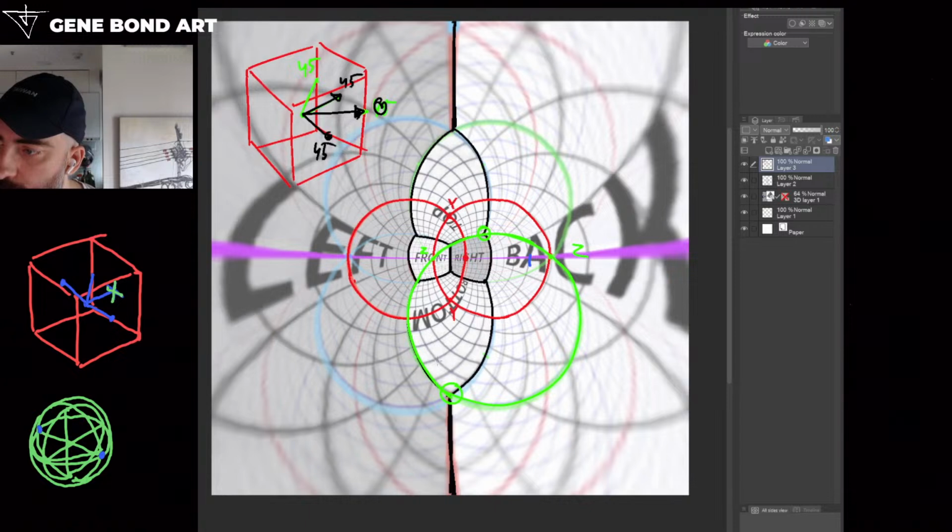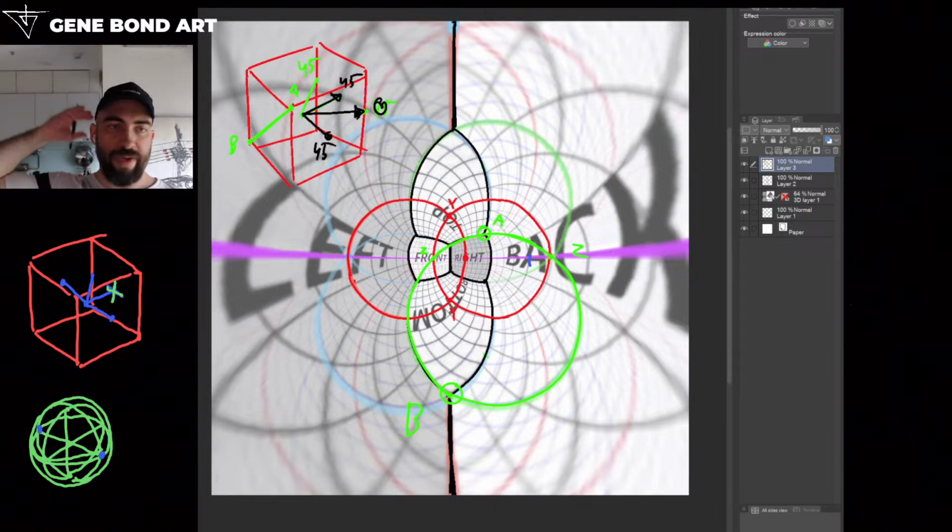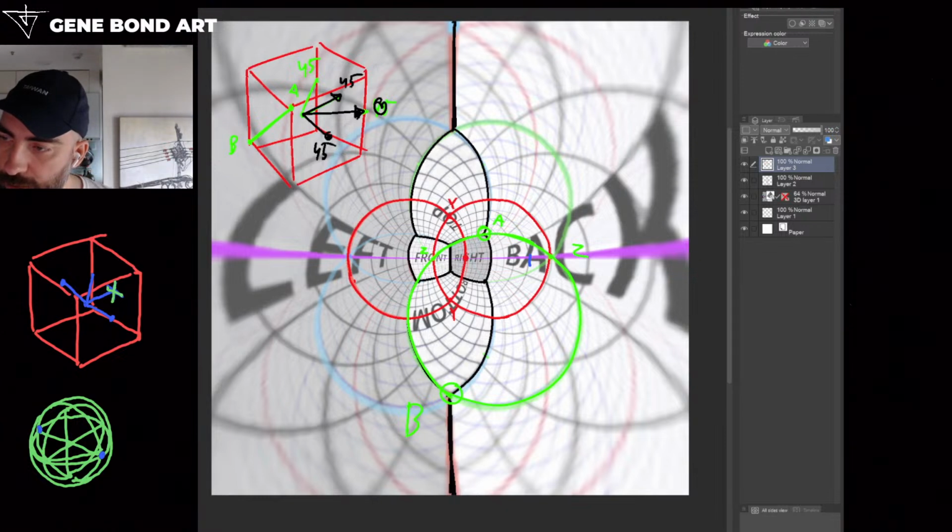This point is this corner on the top, let's say A, right? And this is B, and this diagonal line. So this diagonal line on the back side of a cube from inside is a circle now. You see?